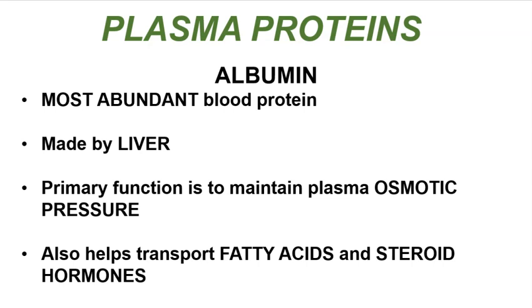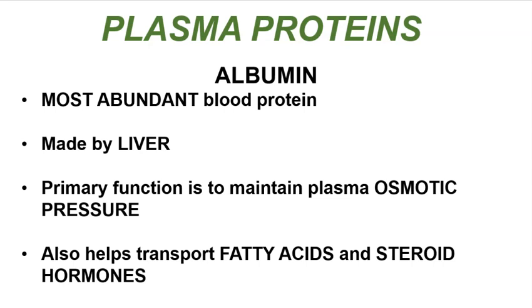It makes up about 60% of the plasma proteins, and it is produced by the liver. Its major role is that it is the main contributor to osmotic pressure within the blood. So that is, its presence in the blood helps to keep water in the bloodstream by helping to draw water out of the tissues and keep it in the blood. It also helps to carry molecules through the blood.